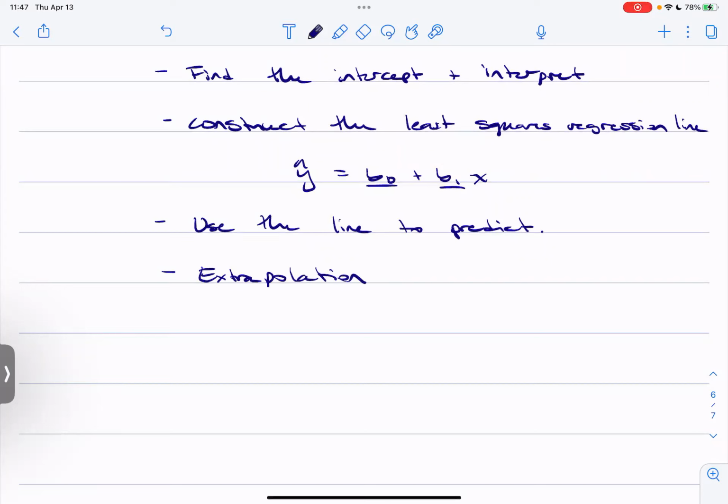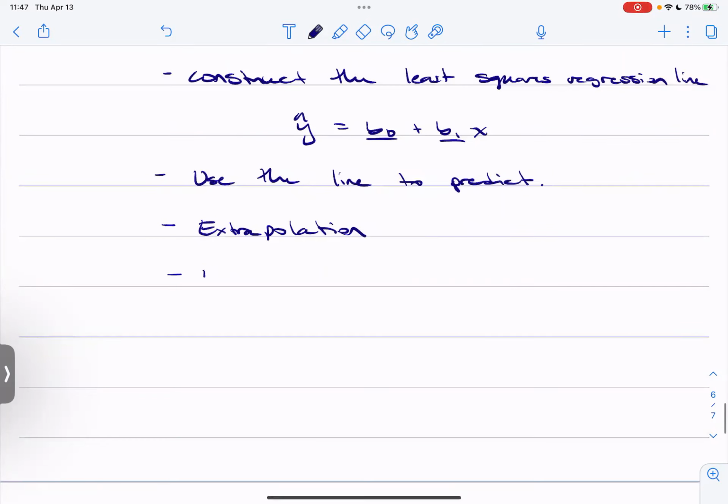It's when you use a value of x beyond the range of the data. So it might be your best guess, but it's also an unreliable prediction because you're extrapolating. And then R squared. R squared is the percentage of variability in y explained by the least squares regression line on x.